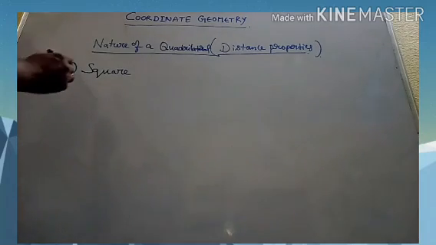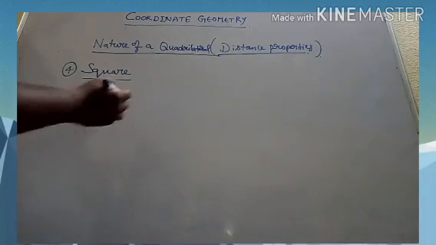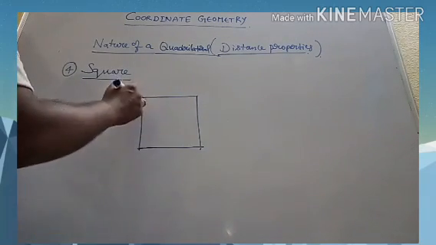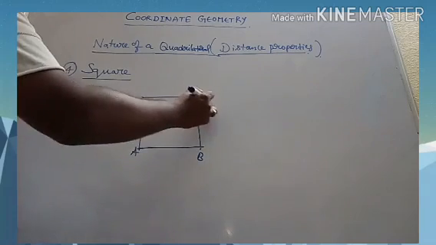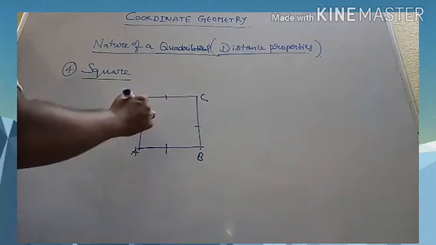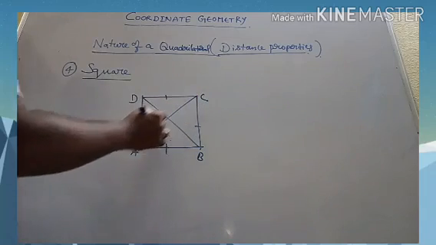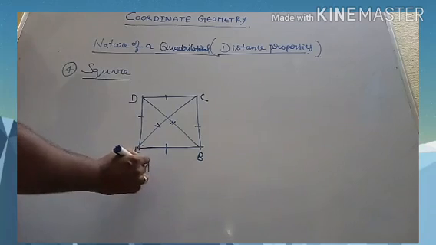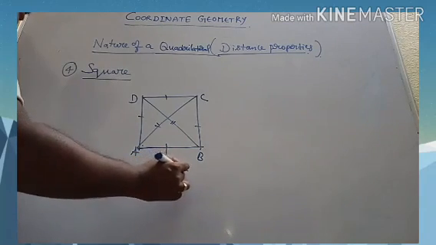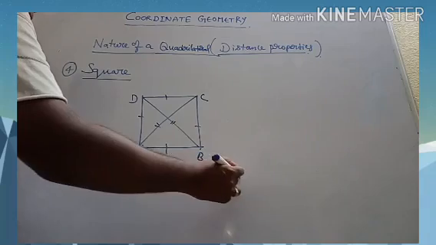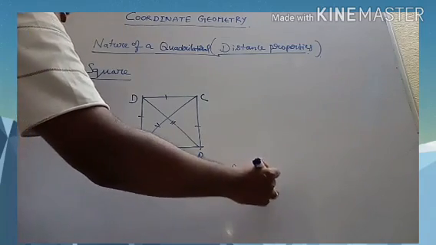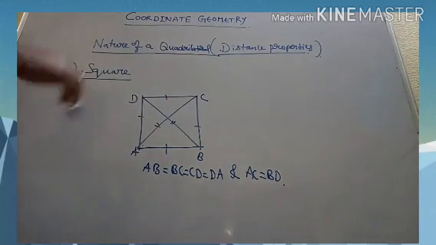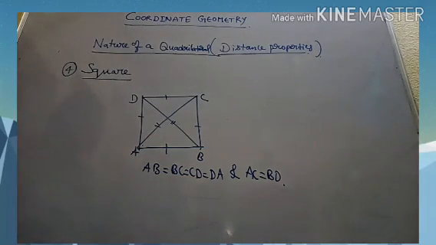Now the fourth one: if you want to prove any quadrilateral is a square, you know very well that all four sides are equal, and the lengths of the diagonals are also equal. That means, my dear students, you have to prove that AB equals BC equals CD equals DA and AC equals BD. You need to prove all four sides are equal and the diagonals are also equal.